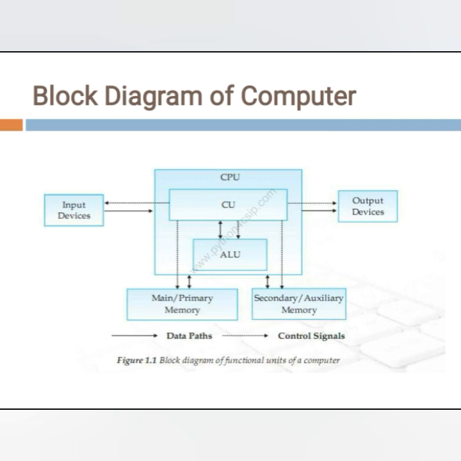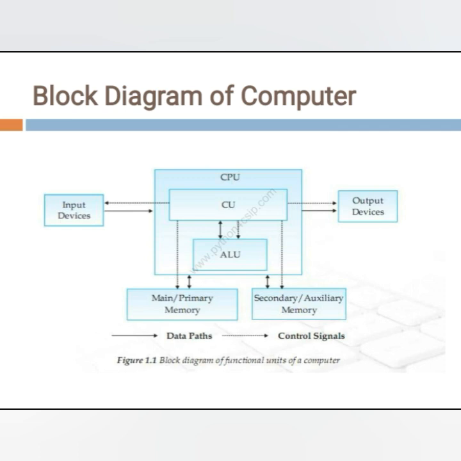Input unit is formed by the input devices attached to the computer, for example, keyboard, mouse, magnetic ink character reader, optical mark character reader, etc. And the output unit is formed by the output devices attached to the computer. The output coming from the CPU is in the form of electronic binary signals which needs conversion in some form which can be easily understood by the human being.